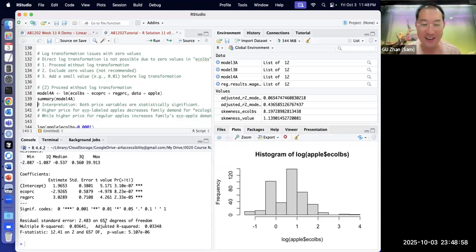Only 3% is being explained. But the beta coefficients of regular price and eco price of the apple are both significant. So this is what the statistics tell you. They are very significant, but these two variables explain very little.